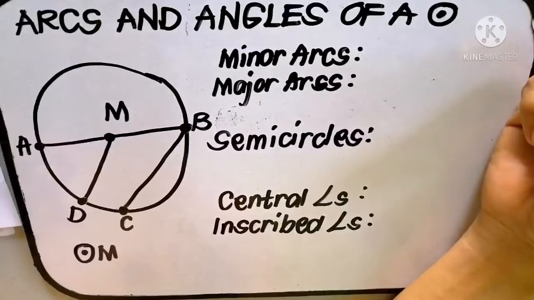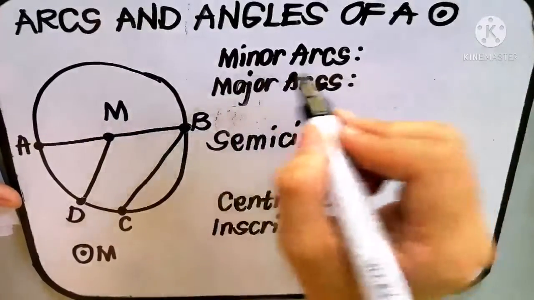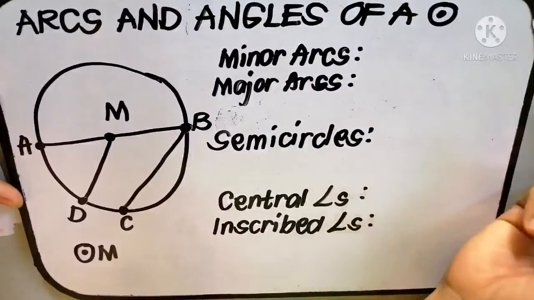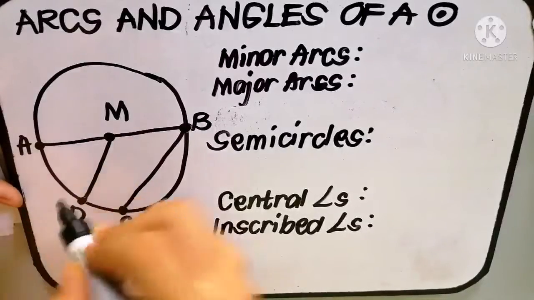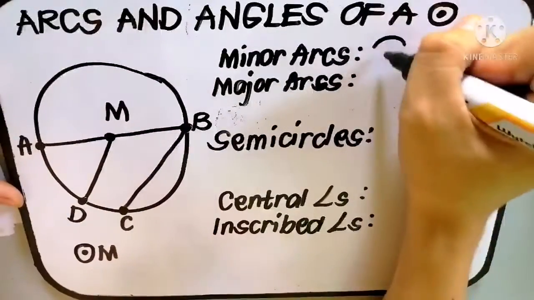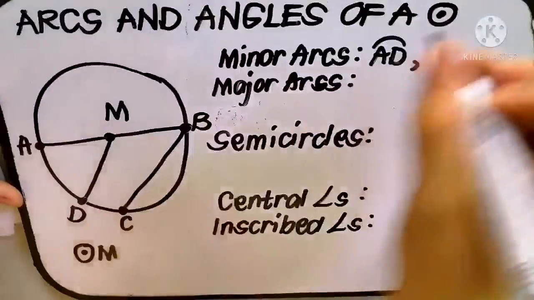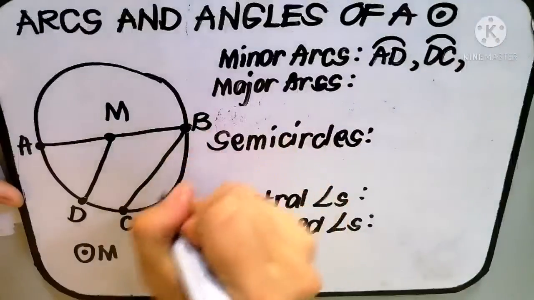To find the minor arc, we should always remember that a minor arc is less than a semicircle. Here, the minor arcs are arc AD, arc DC, and arc BC.